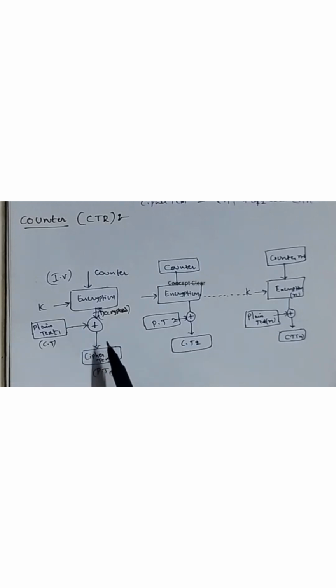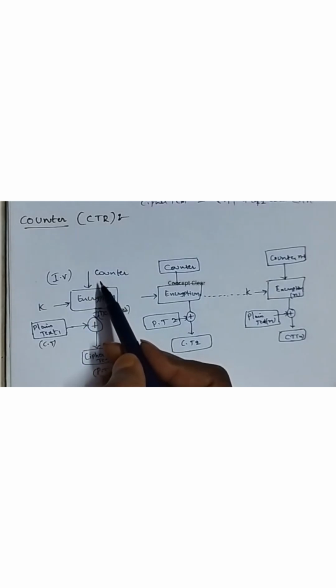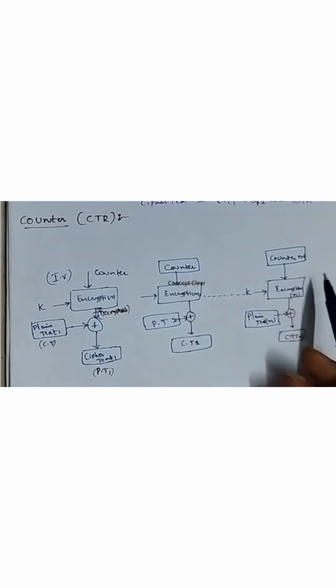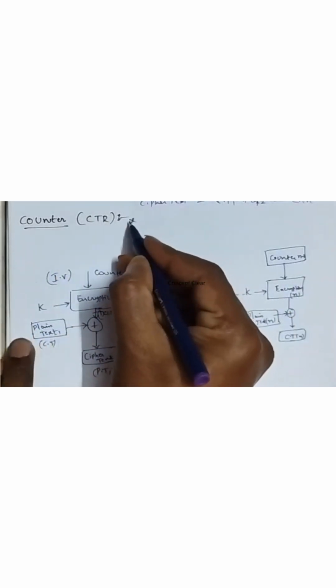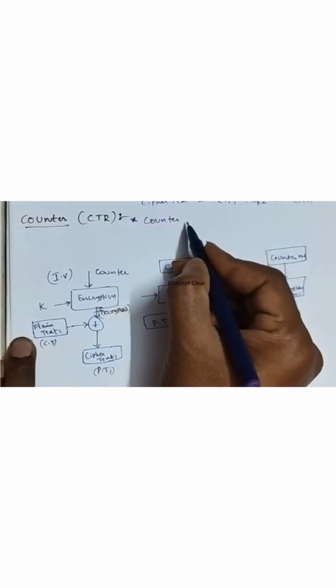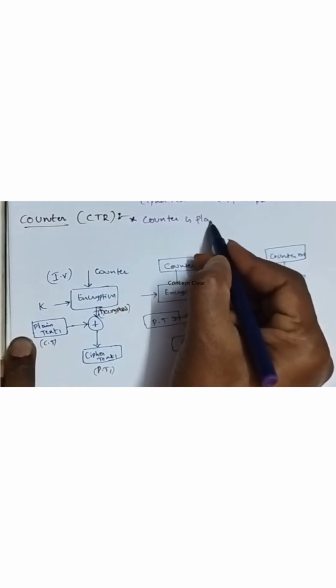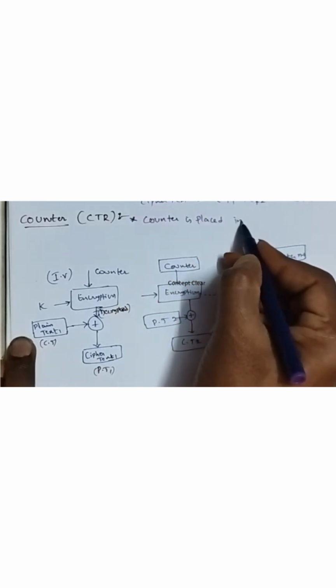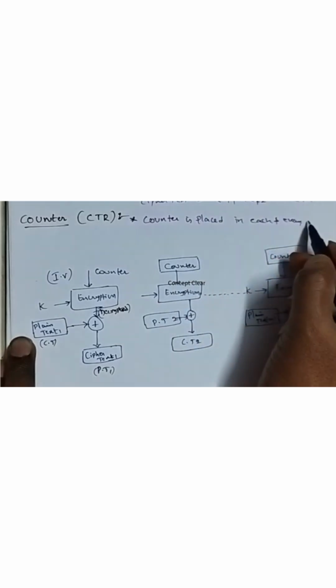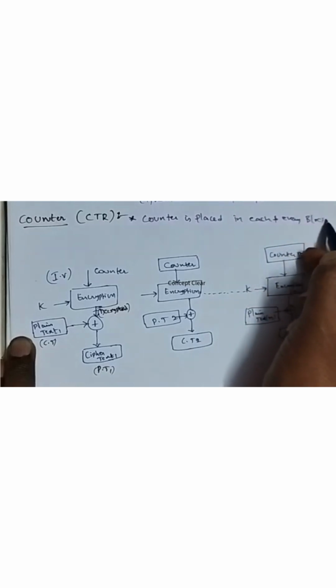See here, it is the counter as the plain text, counter as the plain text, counter as the plain text. So what is the first point? Counter is placed in each and every block.